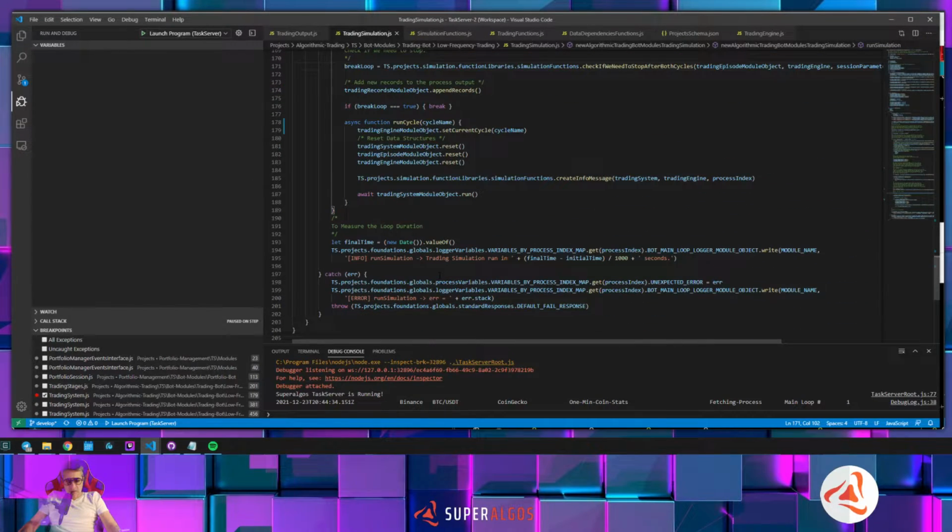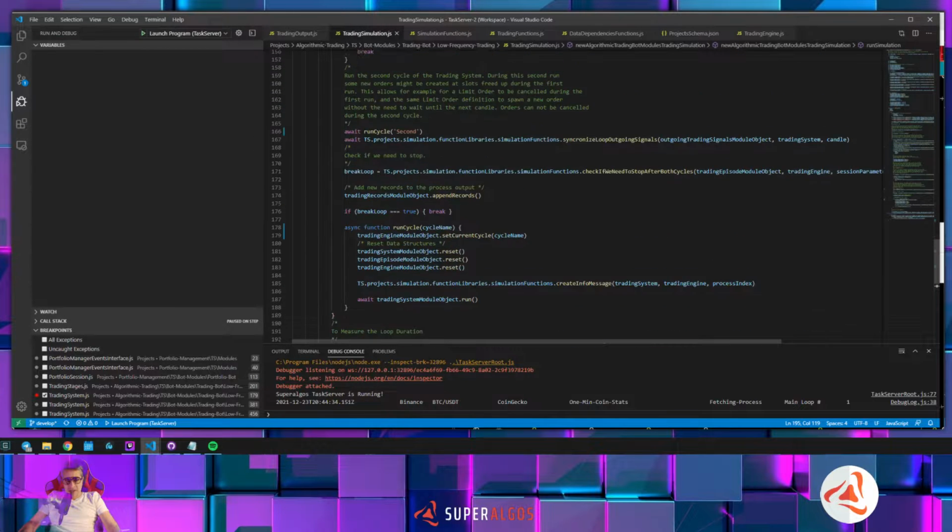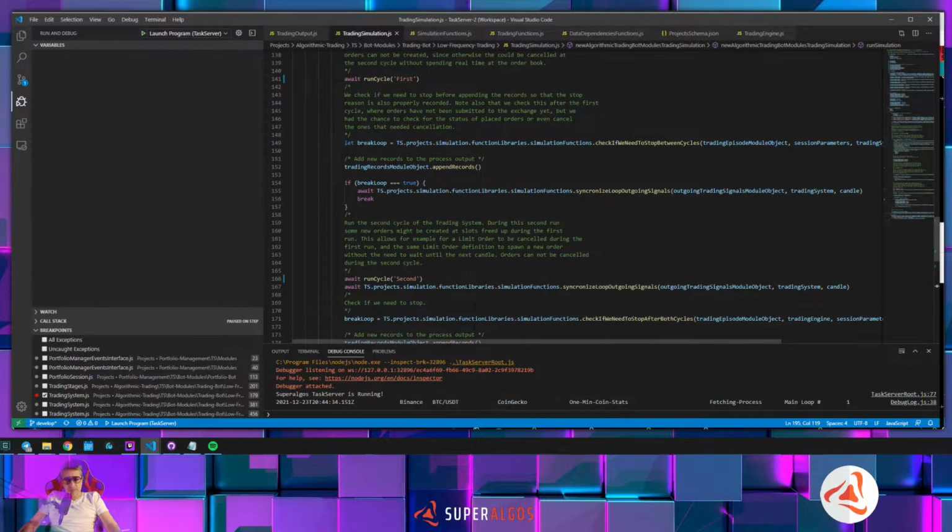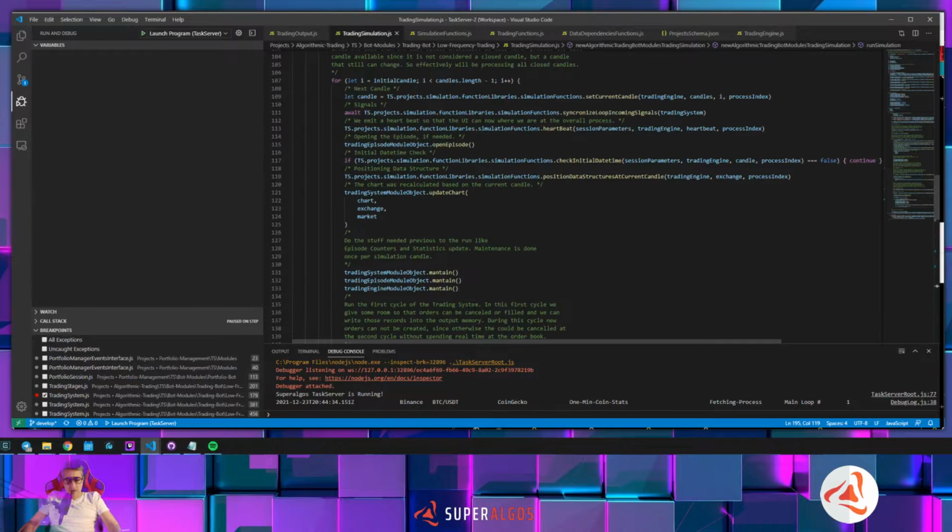All the other stuff was removed. We just have this measuring of how much time it took to run the whole loop. Sometimes it's needed. And the error handling, and that's it. So this is minimal.